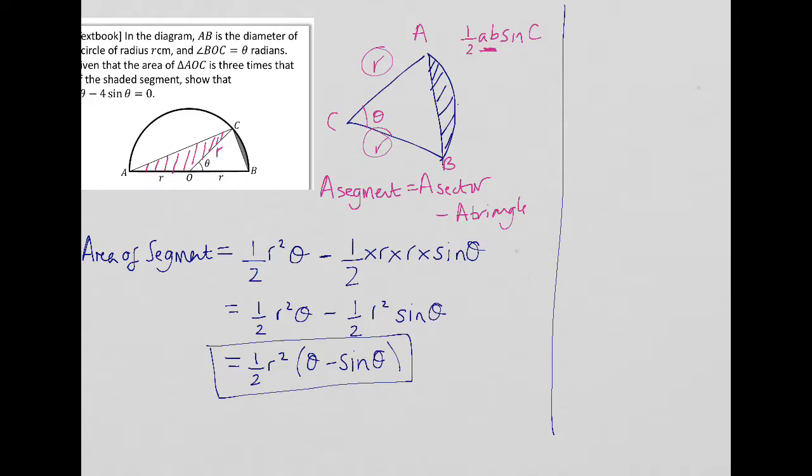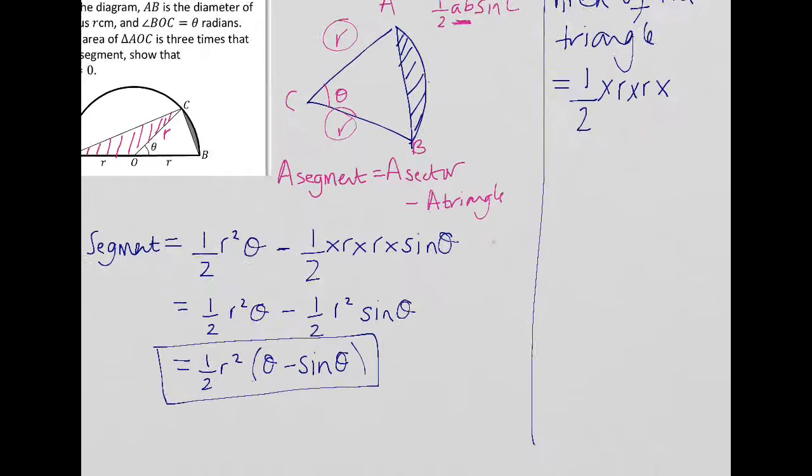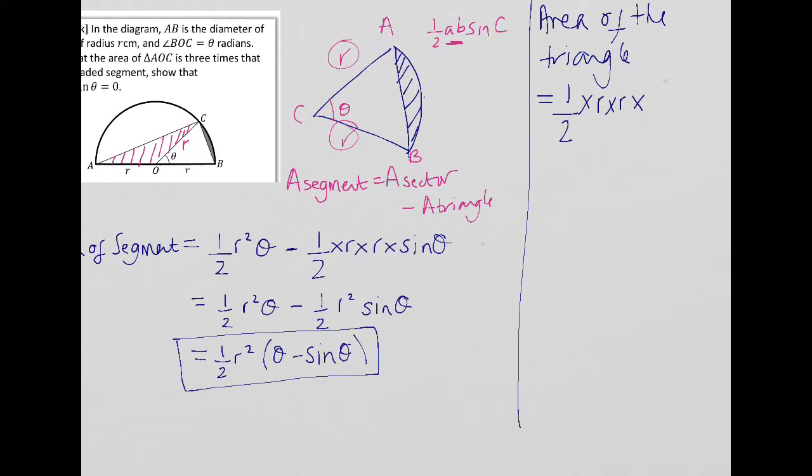So the area of the triangle equals half AB, A times B, multiplied by, I'm going to have to squeeze this in, or can I move? Yes, I can move a little bit.